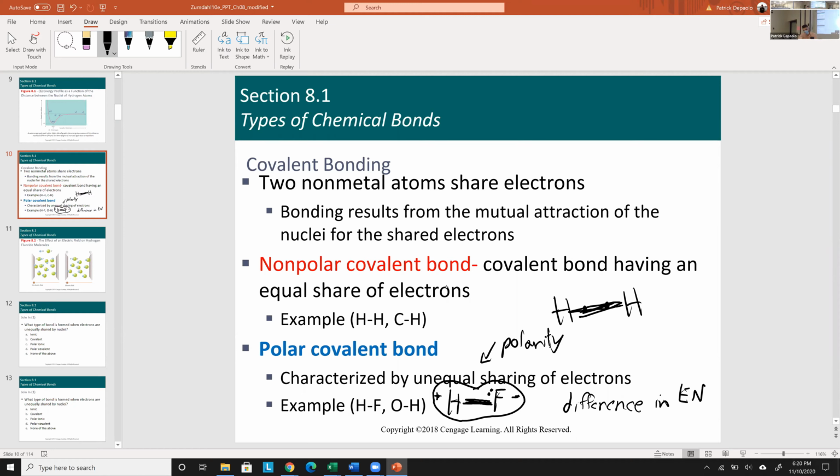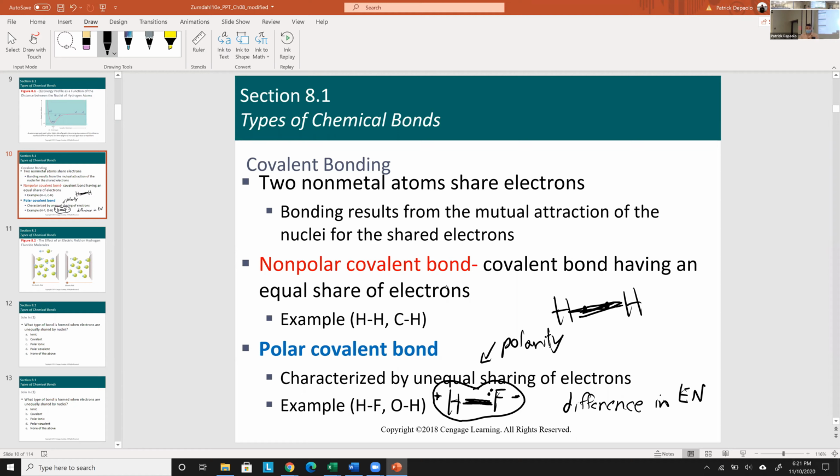And there's a way to predict what the electronegativity difference or the polarity number would be based on just subtracting the two. But we can talk about that more in the next couple slides. So any questions on the concept of nonpolar versus polar? Every element has an electronegativity number. If these numbers are really close together or the same and they make a covalent bond, it's nonpolar.